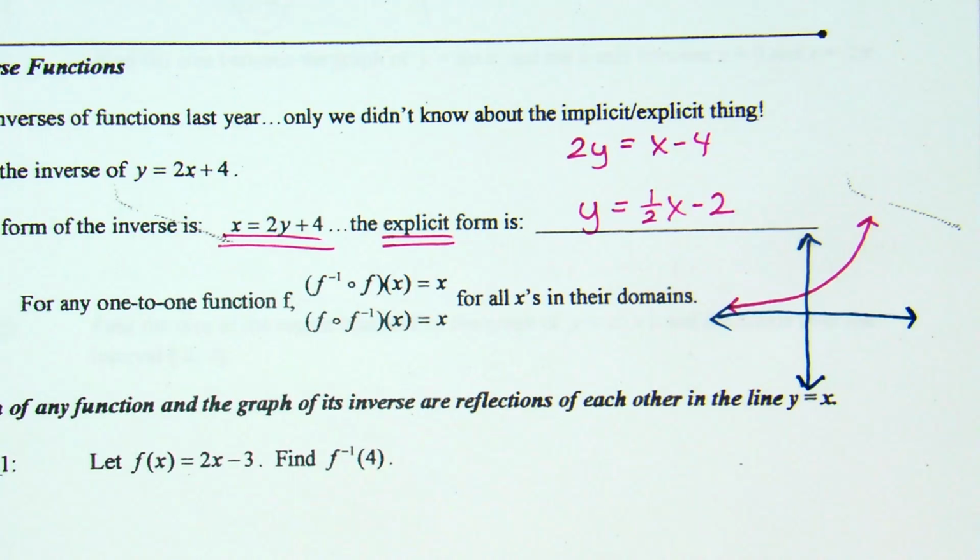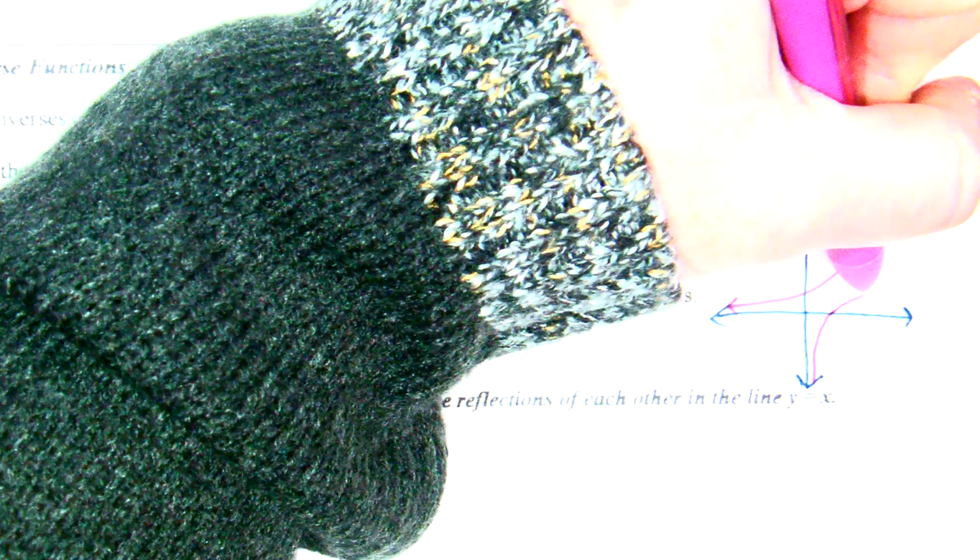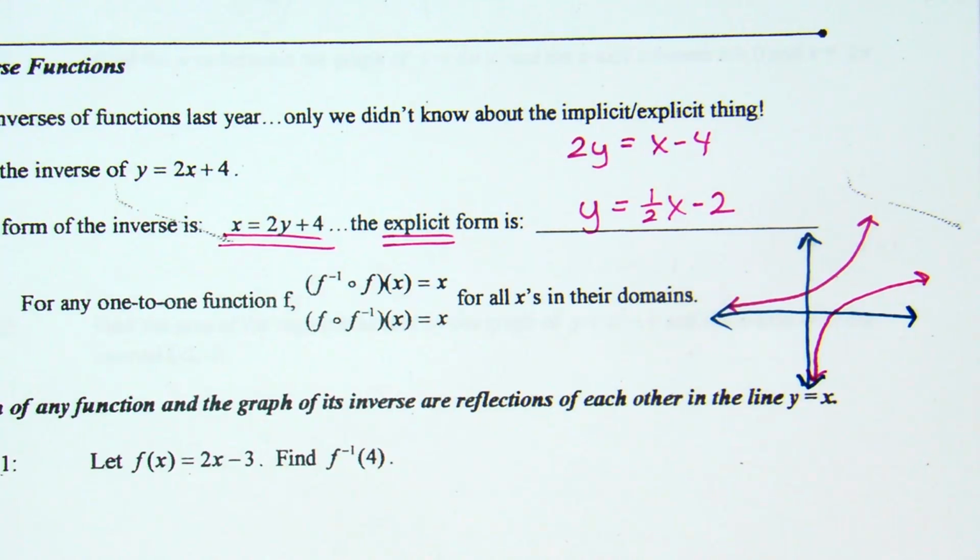Do you remember the log function? The log function runs along the y-axis, cuts through 1, 0, and goes over there. Now, since these are inverses, they are reflections across the line y equals x.